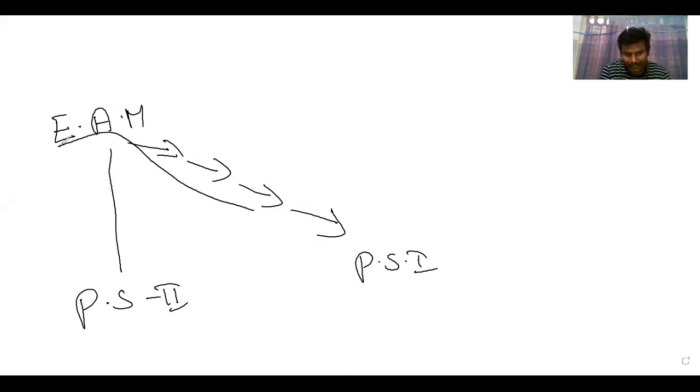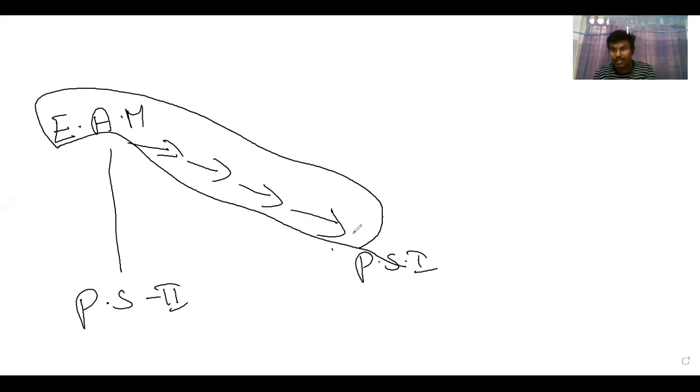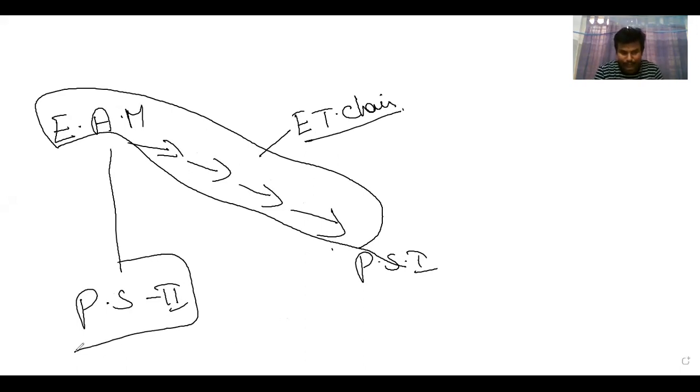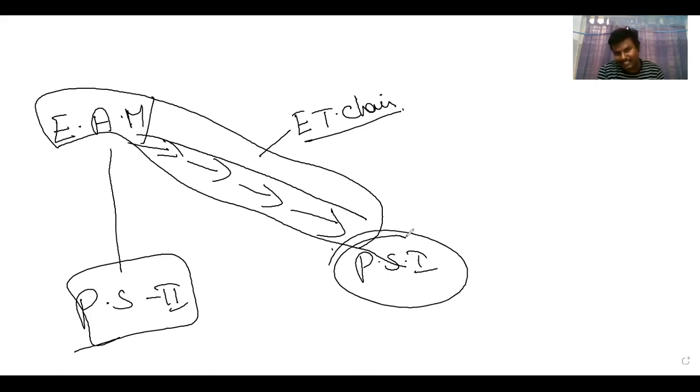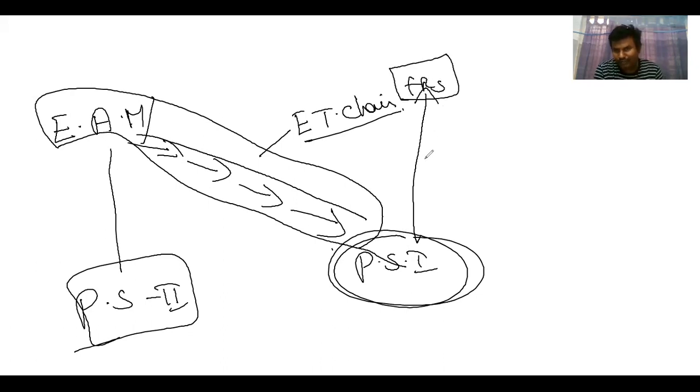Through these electron acceptor molecules, the electrons reach PS1. Therefore, it is also called the electron transport chain. From PS2, electrons are transferred to the electron acceptor molecule, and through a series of electron acceptor molecules they reach PS1. From PS1, they again go to the FRS, ferredoxin reducing substance, and from this, to ferredoxin.